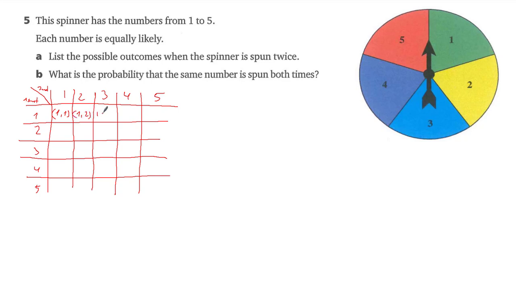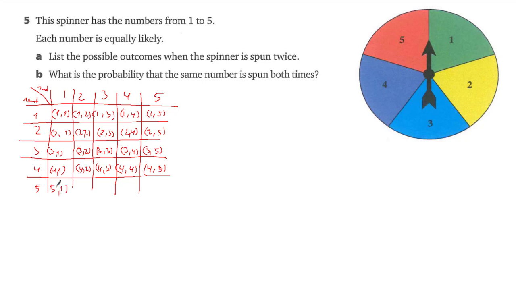1, 2, 1, 3, 1, 4, 1, 5, 2, 1, 2, 2, 2, 3, 2, 4, 2, 5, 3, 1, 3, 2, 3, 3, 3, 4, 3, 5, 4, 1, 4, 2, 4, 3, 4, 4, and finally 4, 5.